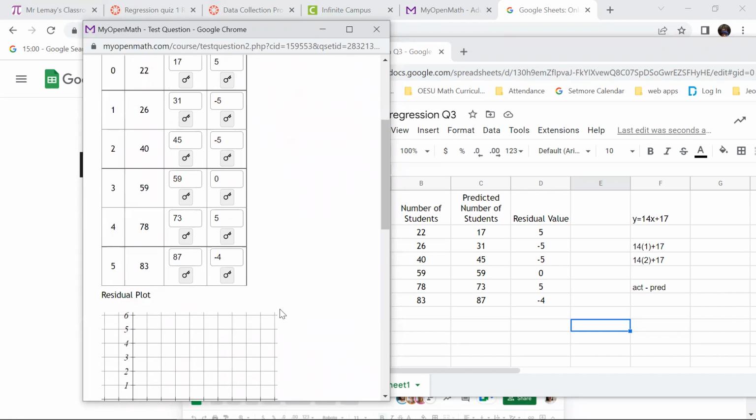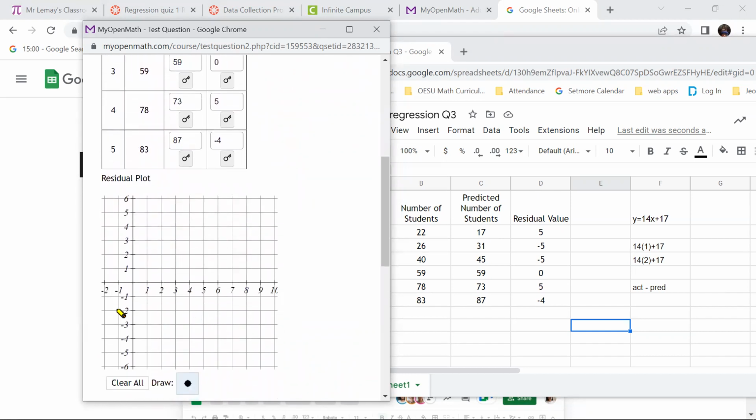Okay, now they want us to make a residual plot. So what you're going to do is you have X on the X-axis, residuals on the Y-axis. For year 0, the residual is 5. For year 1, the residual is negative 5. For year 2, the residual was negative 5.